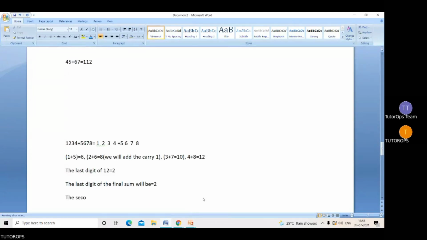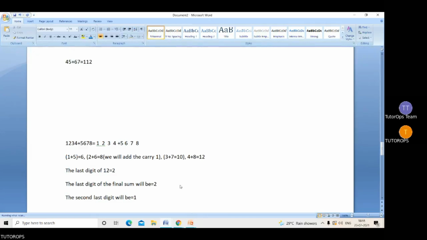The second last digit will be how much? It was 3 plus 7, 10. So we were taking the 0, but we need to add the carry 1 with it. So the second last digit will be 0 plus 1, that is 1.